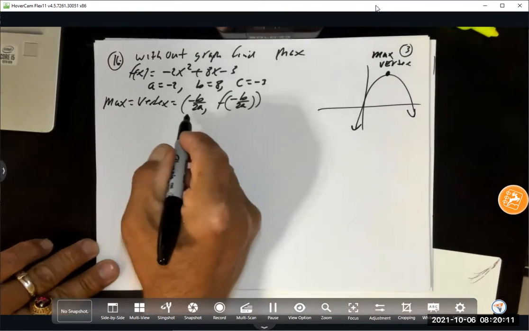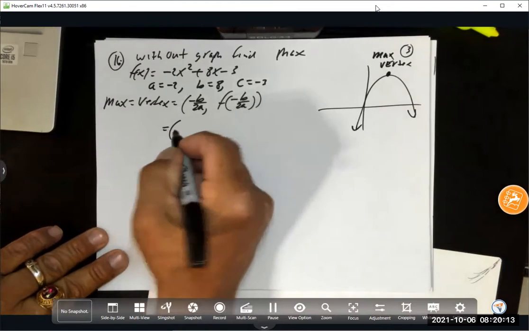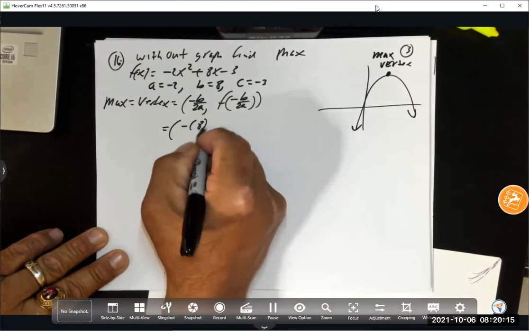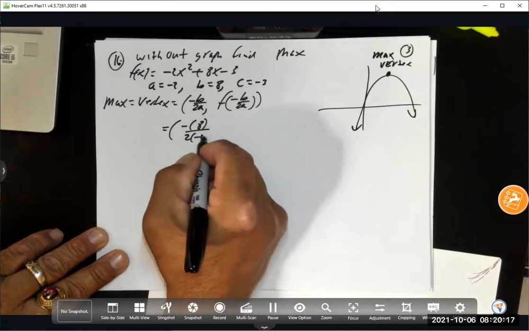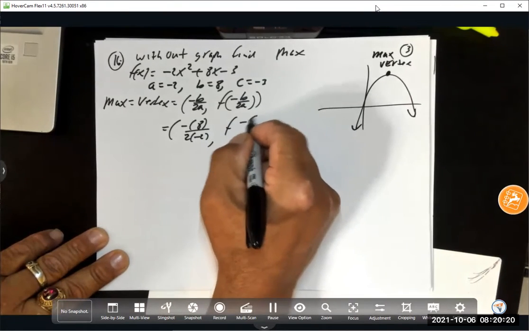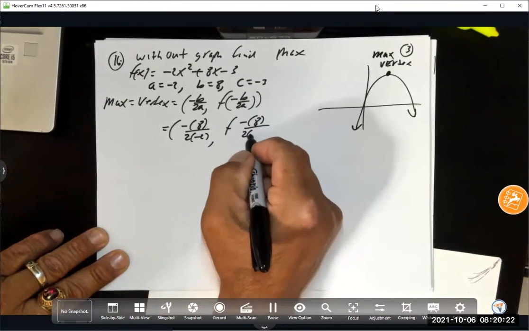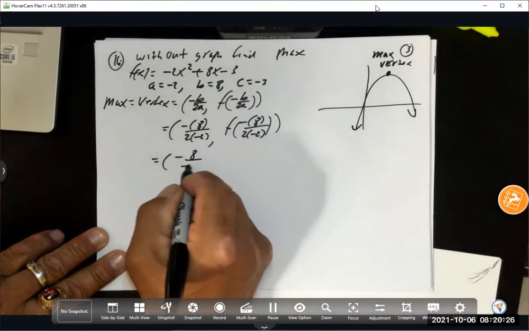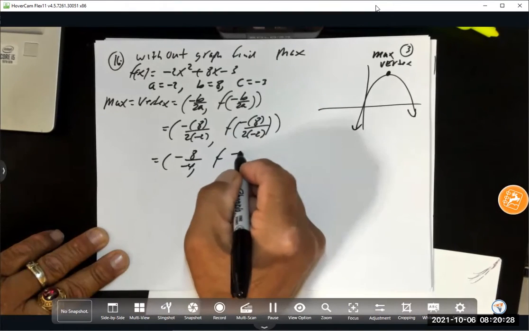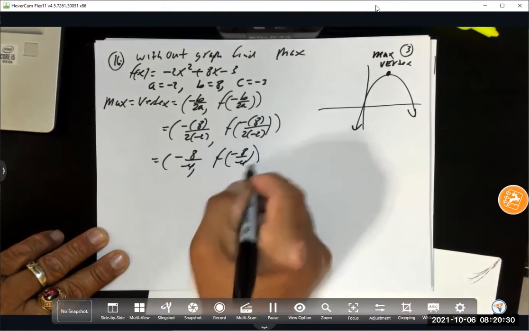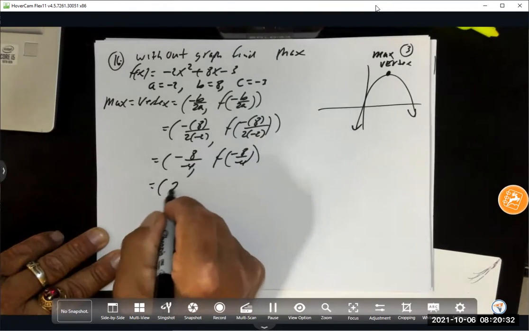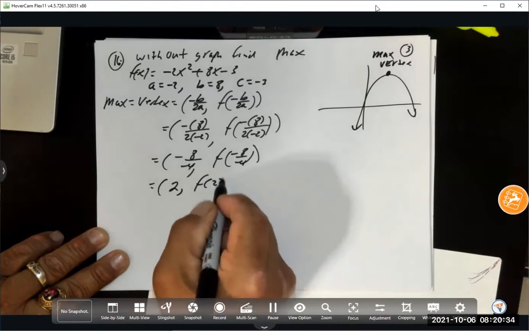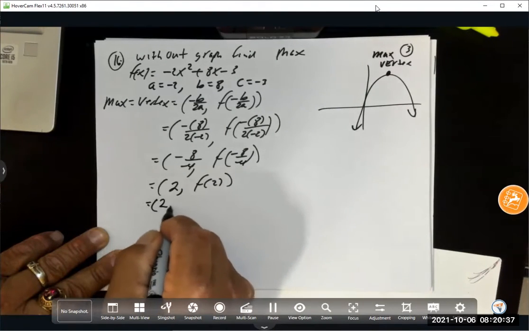Now put the numbers in there. b is 8, a is negative 2, so f of negative 8 over 2 times negative 2. That's negative 8 over negative 4, which is 2, so it's f of 2.